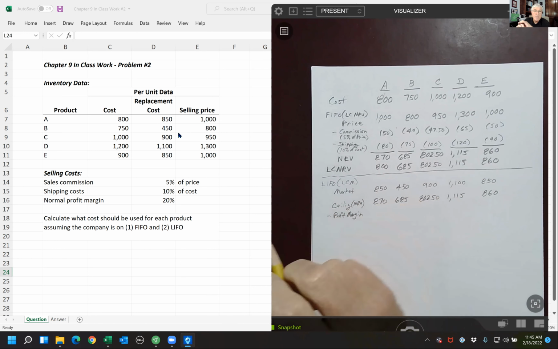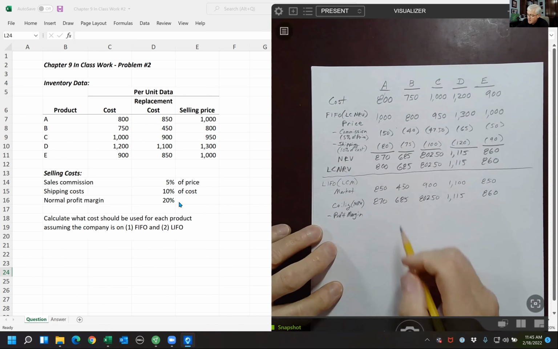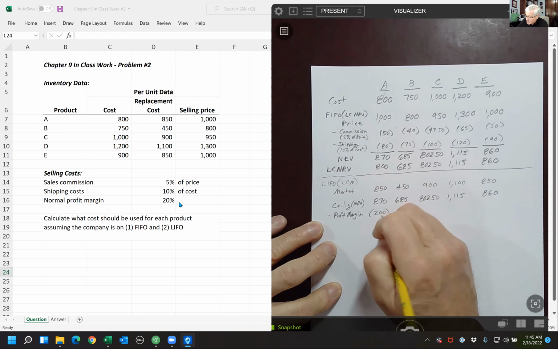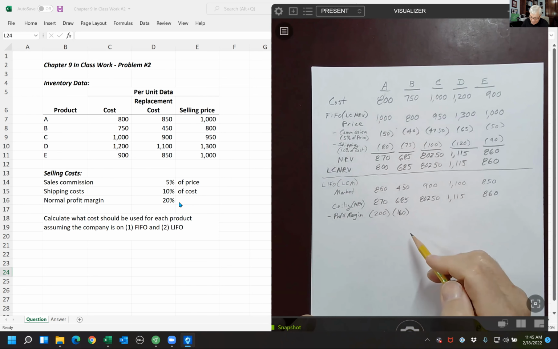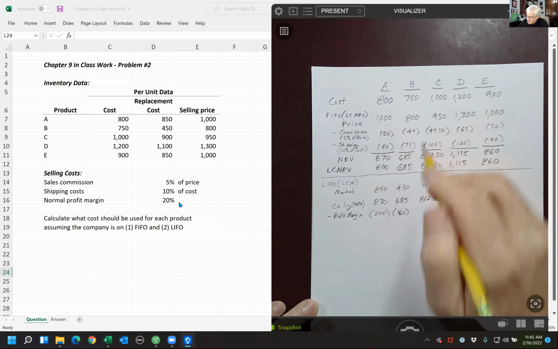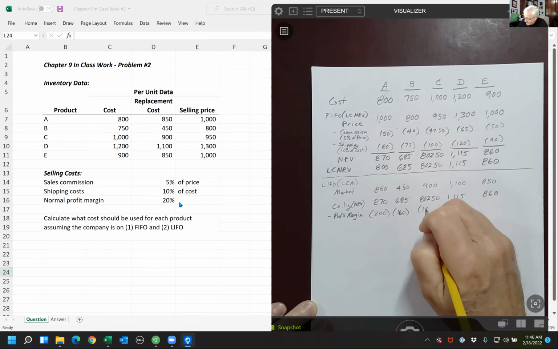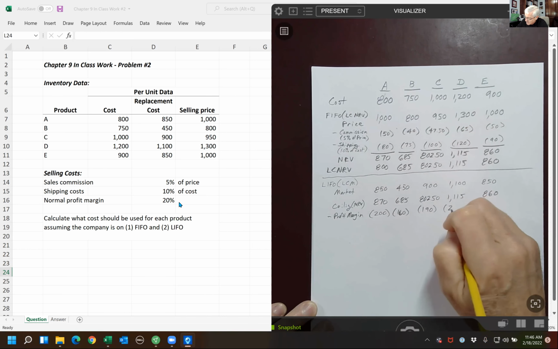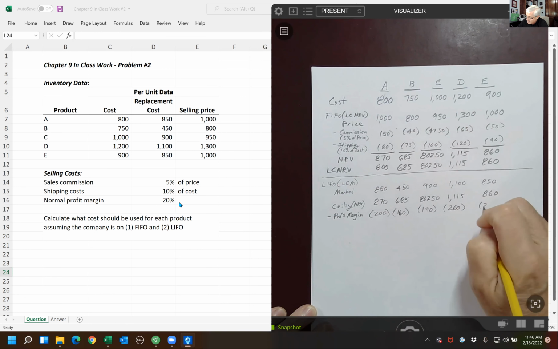How much is the profit margin? We see 20%. So 20% of the price. 20% of 1,000 is 200. 20% of 800 is 160. 20% of 950 is 190. 20% of 1,300 is 260. 20% of 1,000, 200.